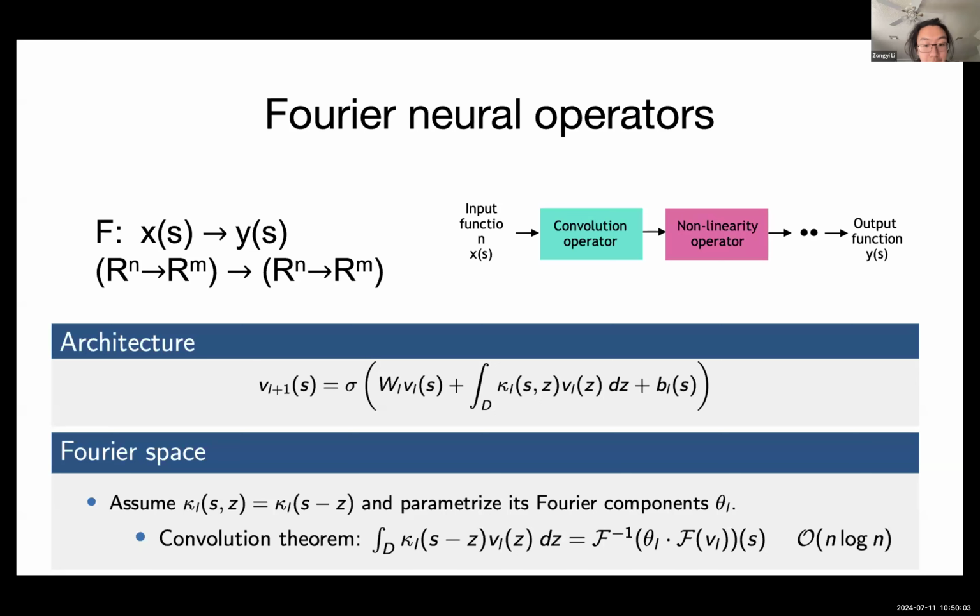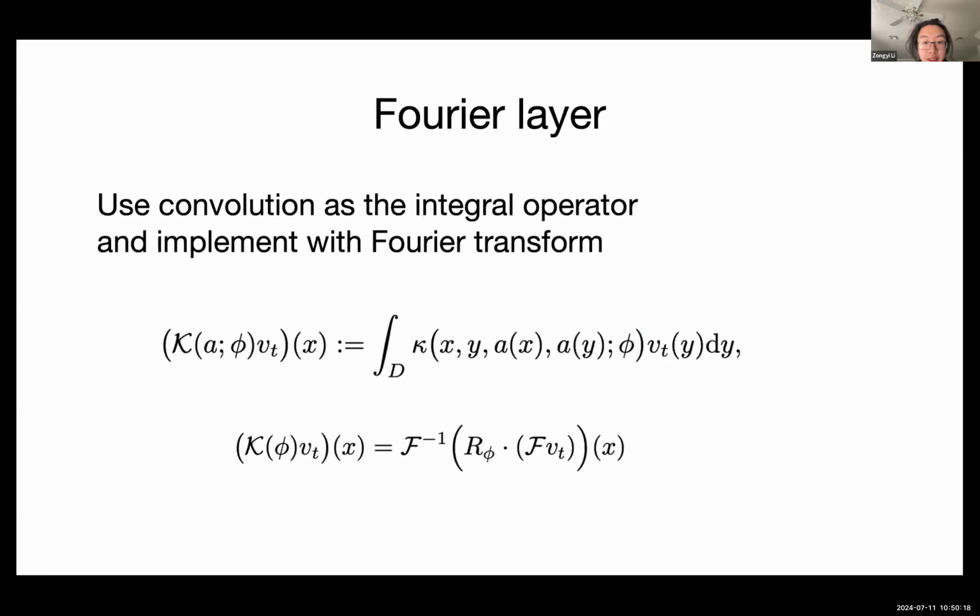Based on the convolution theorem, convolution in the spatial domain is equivalent to a pointwise multiplication in the Fourier space, which makes the implementation even easier. So the overall architecture is just first do a Fourier transform, then multiplication, and in the end, an inverse Fourier transform.